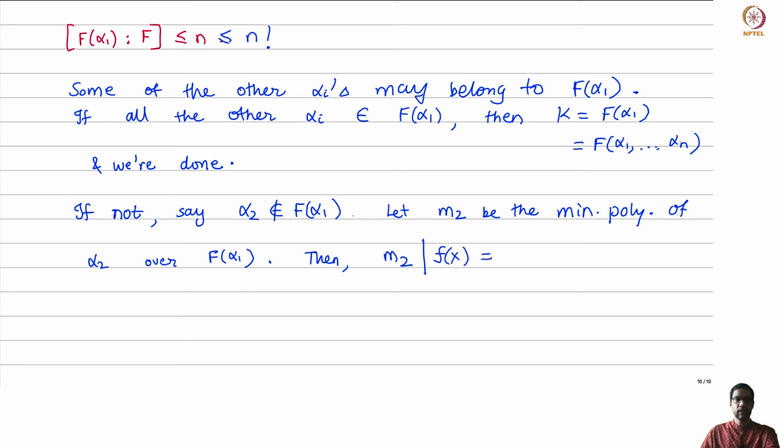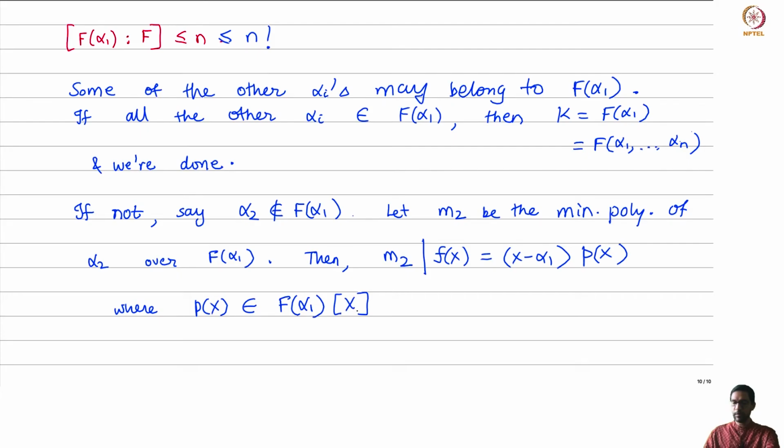So let's just look at f of x. We know for sure that alpha 1 is the first root that we wrote out. So it's x minus alpha 1 into some polynomial p of x. So let me factorize f like this: x minus alpha 1 into p of x, where p of x is a polynomial with coefficients in the field F(alpha 1).